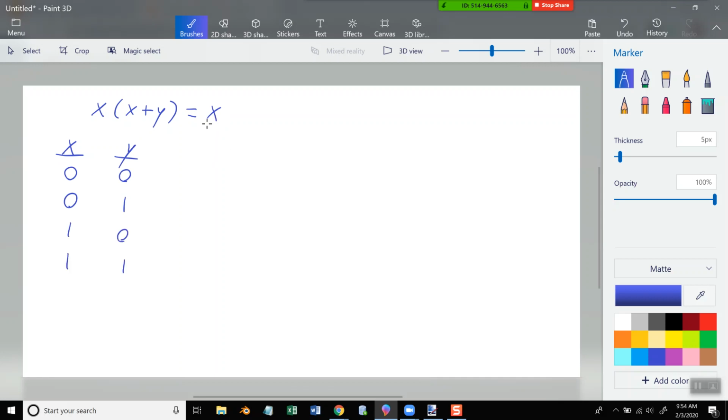Now, this right side is x. So this would be right here. So we got what that looks like. So now we're trying to get this. So first thing I'm going to do is the x or y. And remember, you add it. 0 plus 0 is 0. 0 plus 1 is 1. 1 plus 0 is 1. This is a weird one.